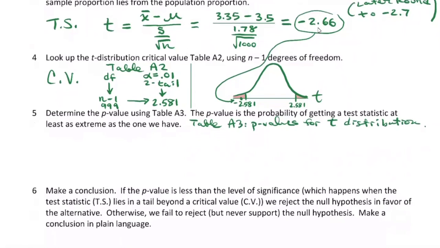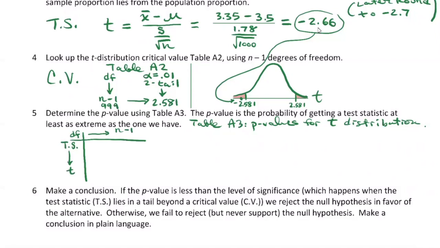So the way the table works is it does degrees of freedom along the top row. So you use n minus 1 for that. And then you have to do your test statistic down in the first column, okay?